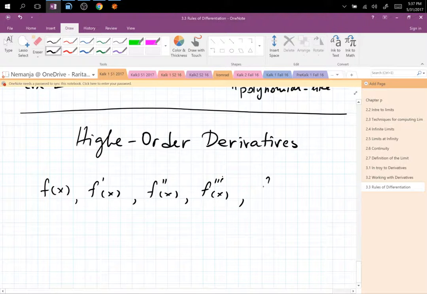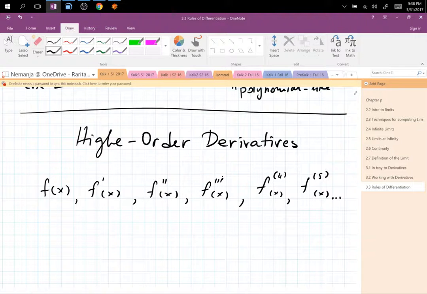And then the fourth derivative, the fifth derivative, and so on. You can have as many derivatives as you need. And we are going to use up to the third derivative in this class, up to fourth and fifth derivative in Calc 2, and then go back to first and maybe second derivative in Calc 3.